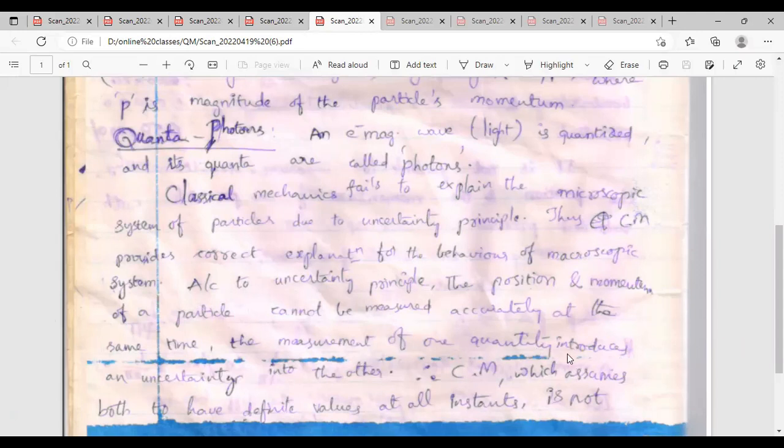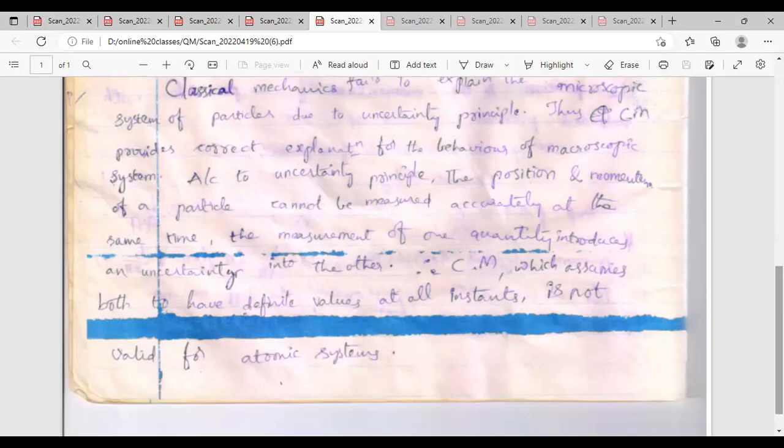The measurement of one quantity introduces an uncertainty into the other. Classical mechanics, which assumes both to have definite values at all instants, is not valid for atomic systems. Classical mechanics could have explained, but why is it failing? Because of the uncertainty in one parameter.